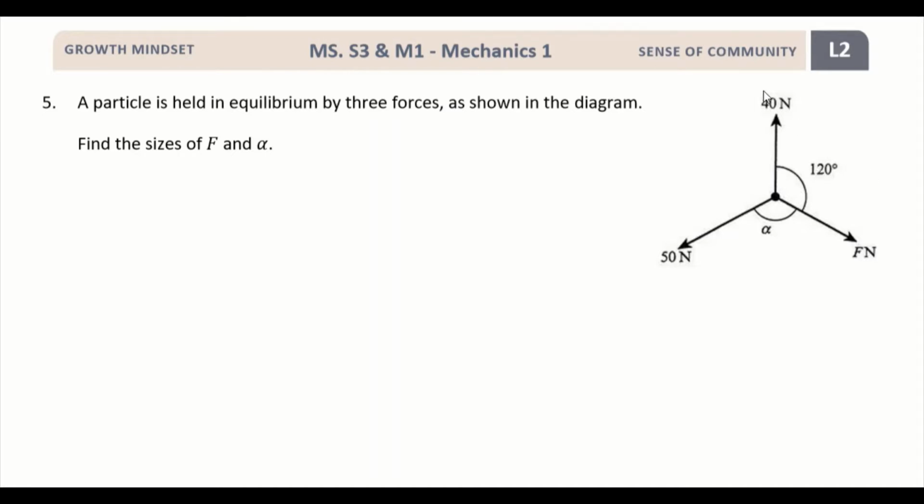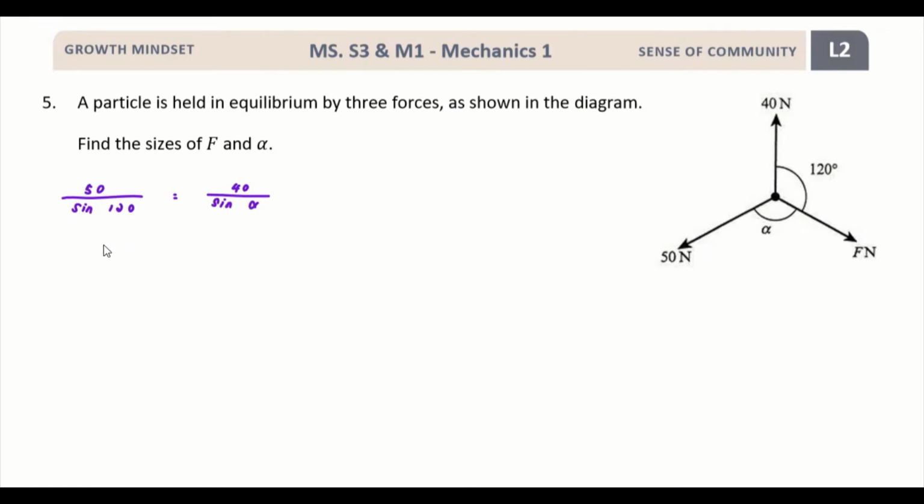Similarly, you have 40 Newton and alpha is the angle that you want to find. So the first ratio that I can have here is going to be 50 over sine 120, and then it will be equal to 40 over sine alpha. Am I right? So by having this, I can actually solve my alpha already.